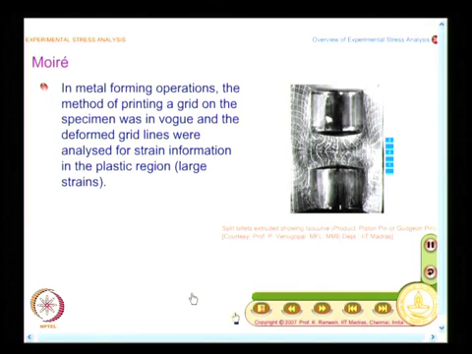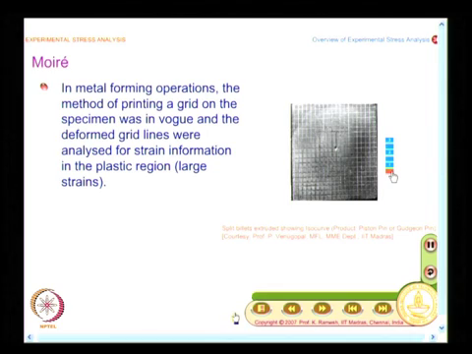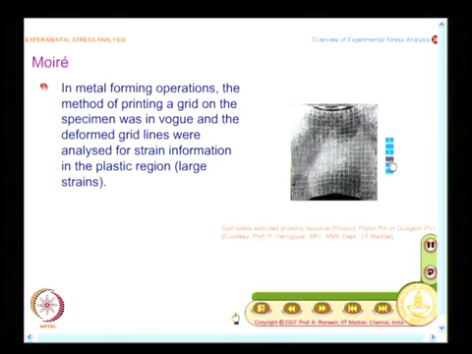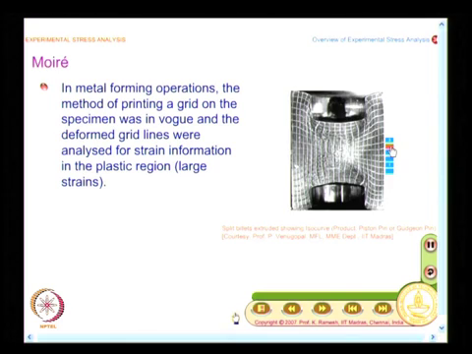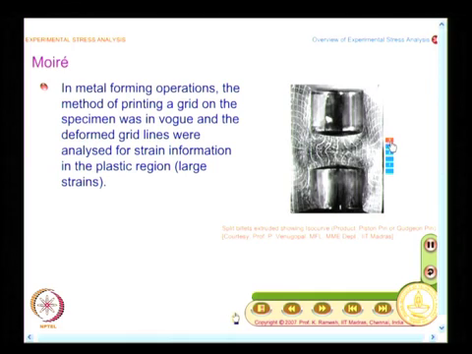Moiré is a very interesting technique. We started Moiré by introducing the application of grids in metal forming operations, and what we saw was, we had a billet which is put with a grid, and when you have very high plastic deformation, you see these grids visually distorted, and this gives you information on what is the level of strain introduced and how the material has flowed and so on and so forth.